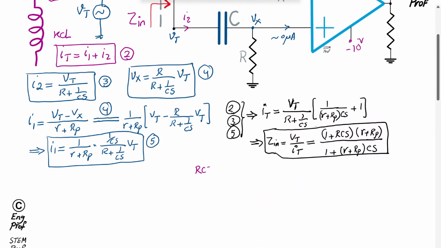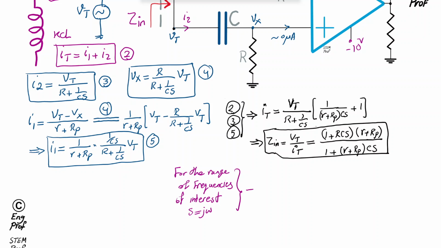So for the range of frequencies of interest, as the frequencies of operation of the circuit, when I substitute s equal to j omega for the range of omega, I want effectively 1 plus RCs to be just RCs.